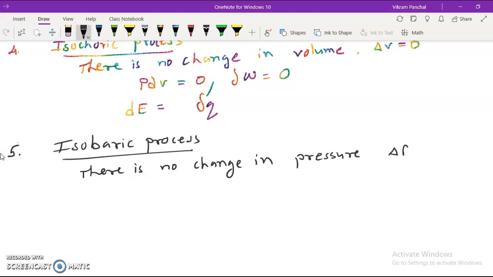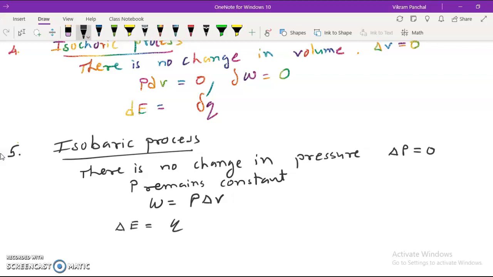So delta P will be 0. That means P remains constant. If P remains constant, W is equal to P delta V, that is, the change in volume. Therefore, delta E is equal to Q minus P delta V for an isobaric process.